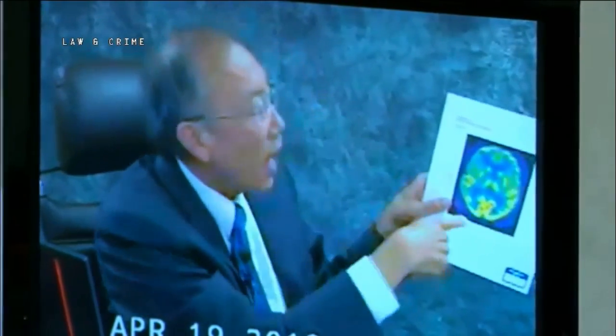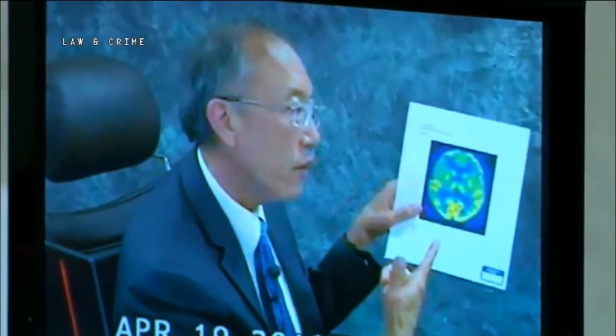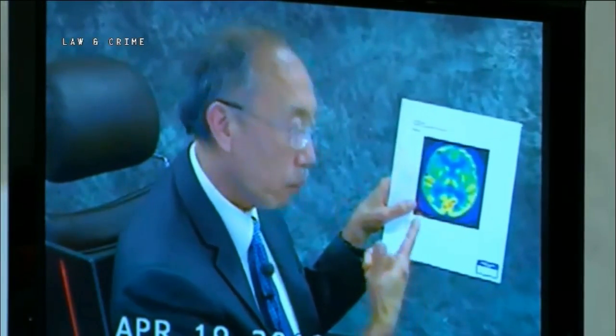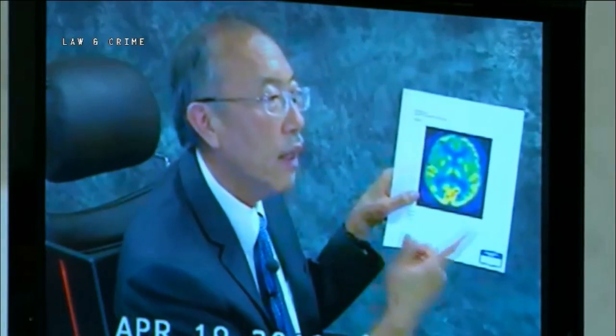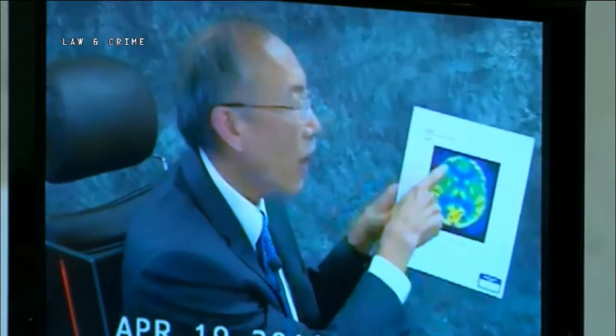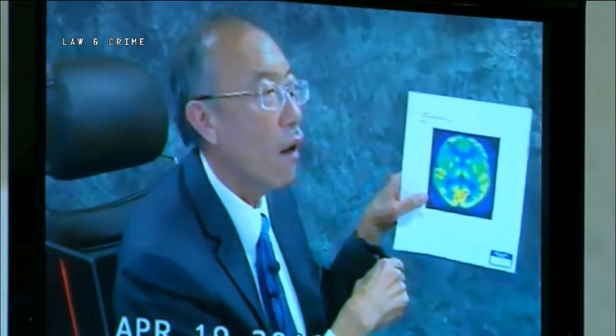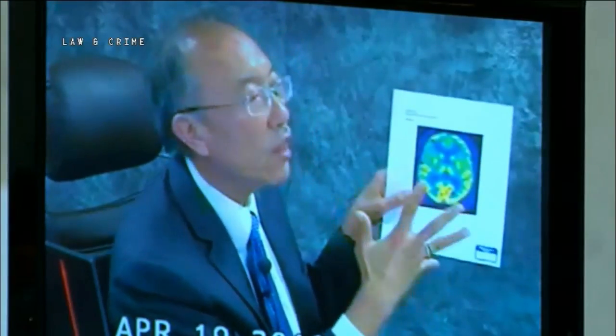Well, this is the kind of abnormality that we're seeing here in Mr. Kirkland. He is more than 5 standard deviations lower in the brain, so he's kind of like the opposite of Wilt Chamberlain, except in the opposite direction in his brain. So the odds of this kind of abnormality occurring in the brain are like 1 in 3 million, or probably 1 in 6 million.